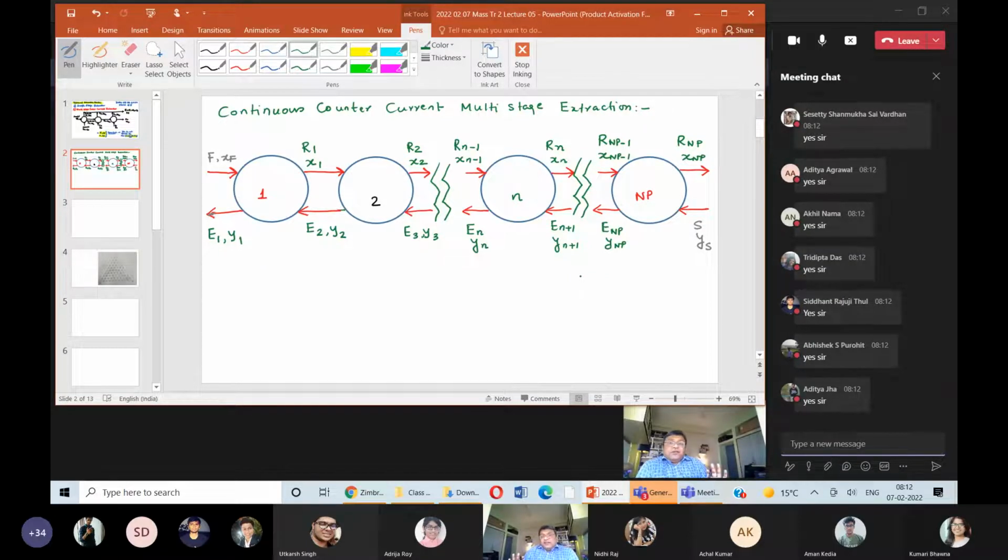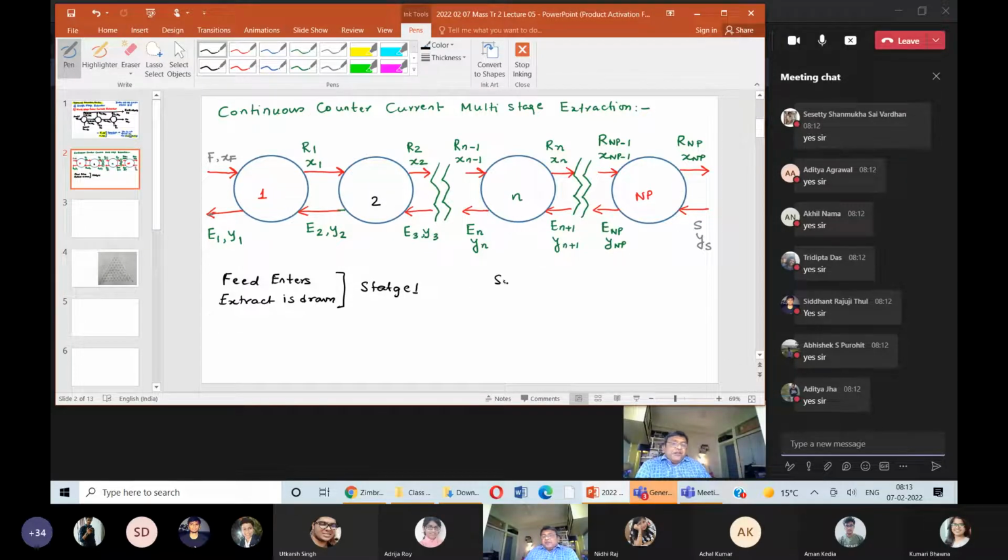Okay, so this is the typical flow sheet of a counter current multi-stage extraction unit. What is important to note: feed enters the first stage, and the extract is drawn from stage 1.